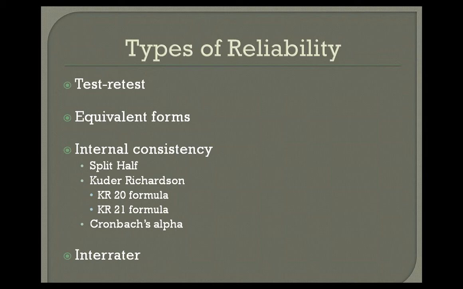We have Kuder-Richardson, which has two formulas, one for dichotomous true-false items and one for multiple choice items. And here we are using a formula based on the variance based on all number of items. And under certain conditions, Cronbach's alpha will give us the same thing as a Kuder-Richardson.